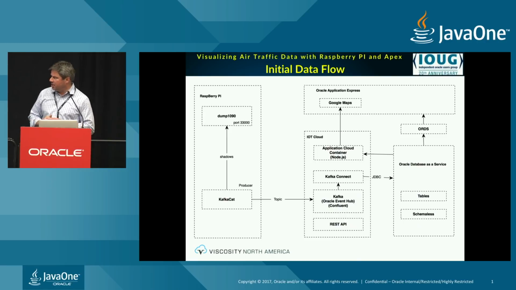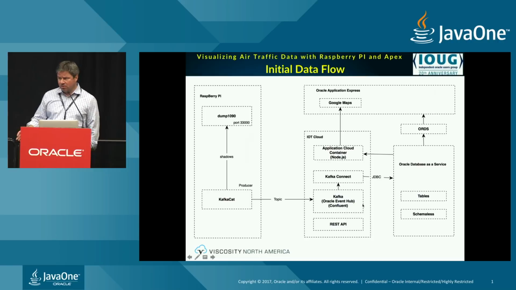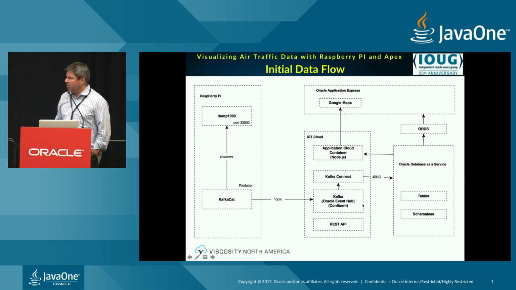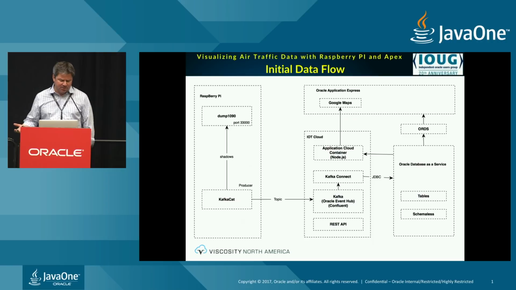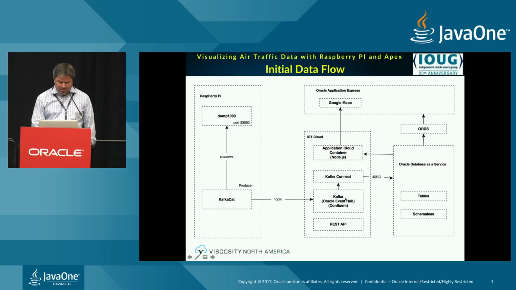So what I'm going to do is find the process and the port that dump1090 is running on, and then run netcat. In this case, there's a derivative called kafkacat that will take the output of that port and push it to the Oracle Event Hub. If you don't want to use Oracle Event Hub, you can use Kafka, or a really nice derivative of Kafka called Confluent, which gives you some database features and allows you to store virtually infinite data, so you can come back later and get to it.